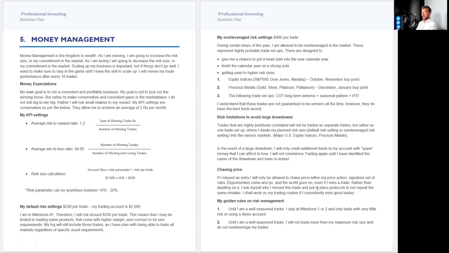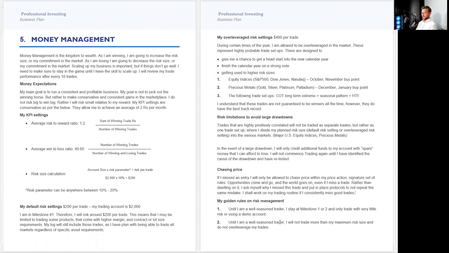And you want to put in place protocols to not repeat the same mistake, right? And if that continues to happen to you, if you are a well-seasoned trader with a lot of trading experience and you still miss trades, then what you really want to do is work on your trading routine and put in place a solid calendar that will allow you to always stay on top of all of the trades that we do.